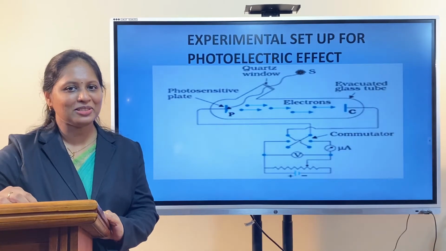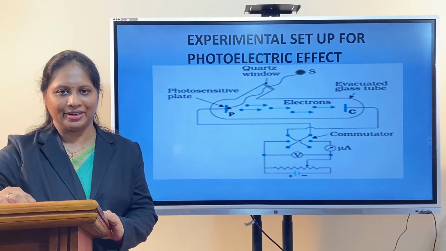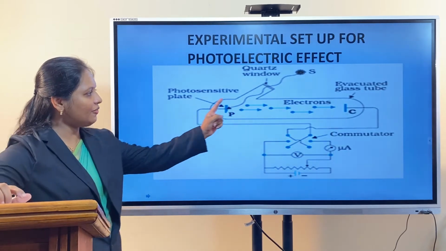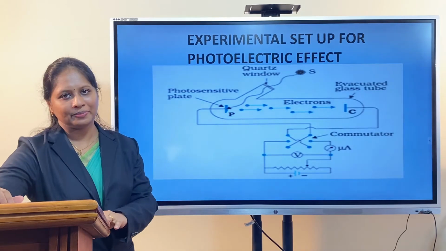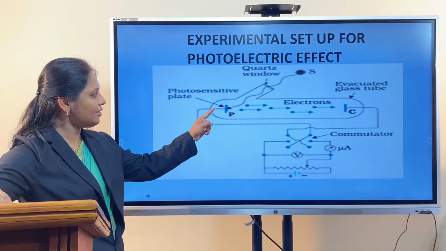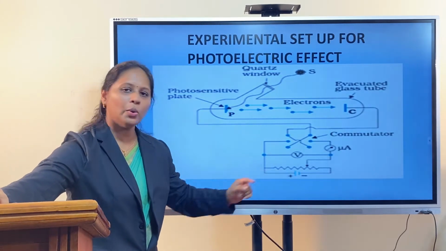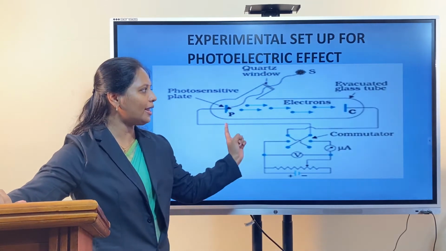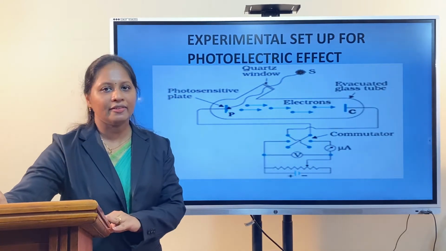Let us see the experimental arrangement for the study of photoelectric effect. The experimental arrangement consists of an evacuated glass tube with two electrodes which are placed parallel to each other, and the electrodes P and C are given a potential difference with the help of a battery, and the potential difference between the electrodes can be varied using this potential divider arrangement.